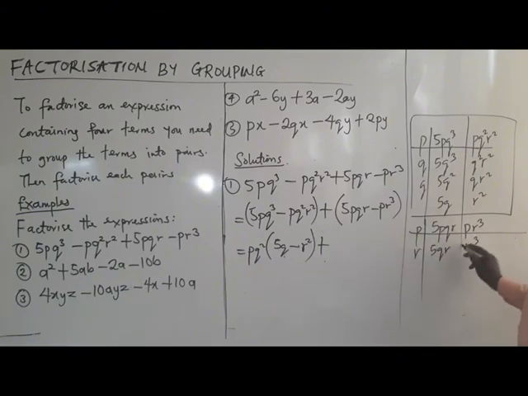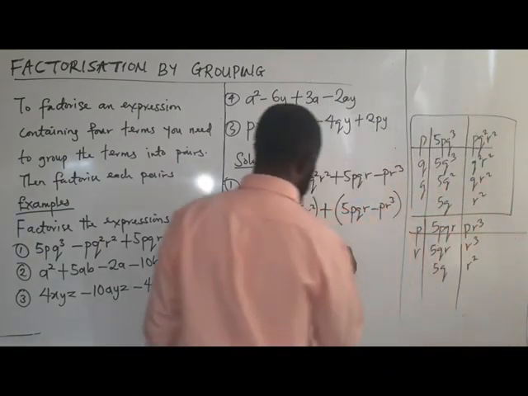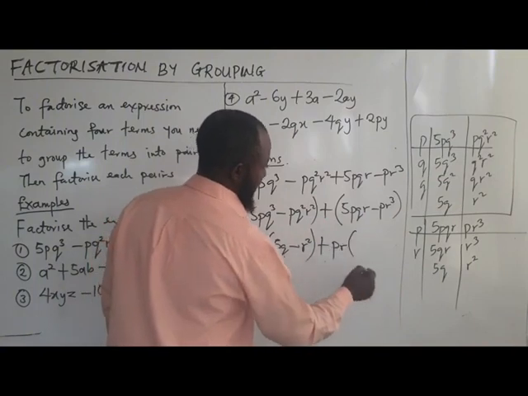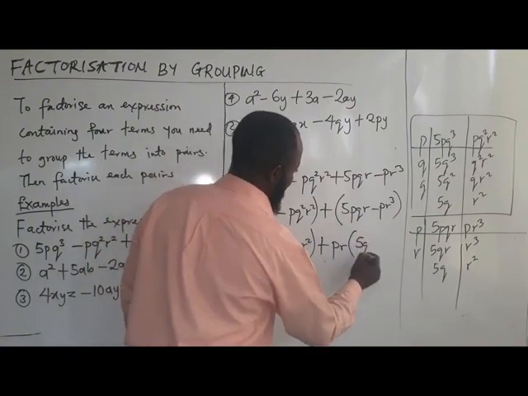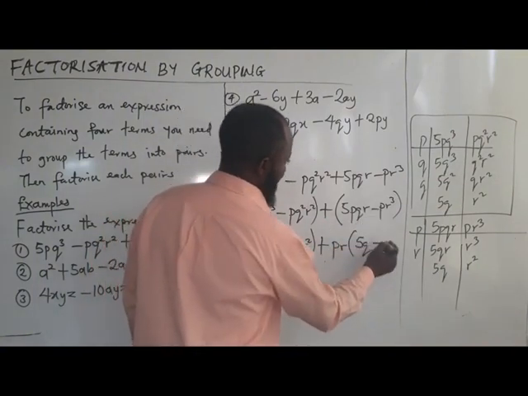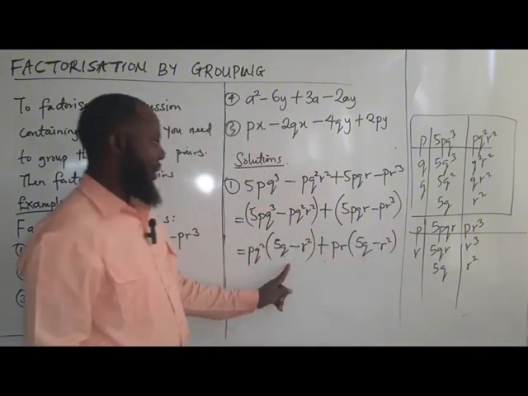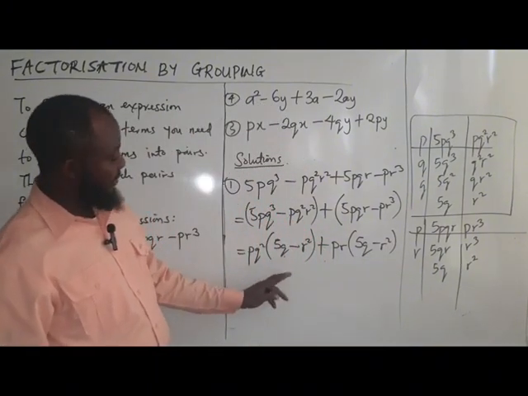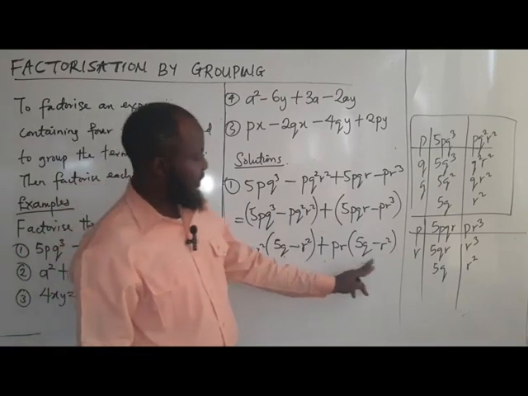So r is common, that is, we have 5q and then r squared. So this gives us pr into 5q minus r squared. Look how we have the same thing in the brackets. What we have here and this one are the same thing.